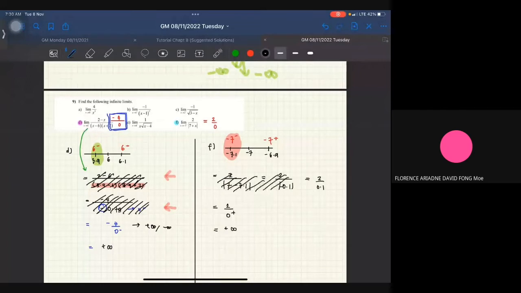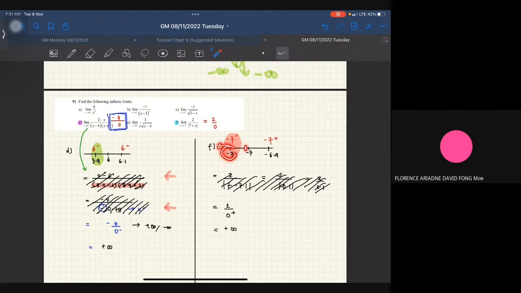Okay, so kenapa kita tak terima? Sebab negative 7.1 ni is just a value that we use to determine whether it is a positive infinity or negative infinity. Okay, so value ni dia tak tepat pun. And kalau ikutkan, there is more value yang lagi hampir dengan negative 7. Okay, so negative 7.1 ni sebenarnya dah kira macam belakang dah. So there is more value yang ada dekat sini.